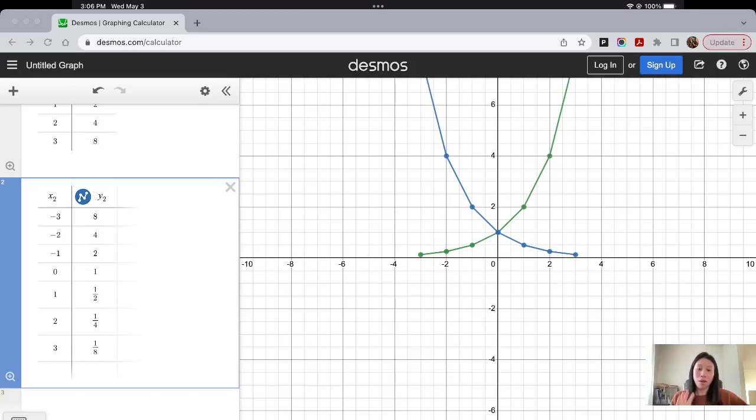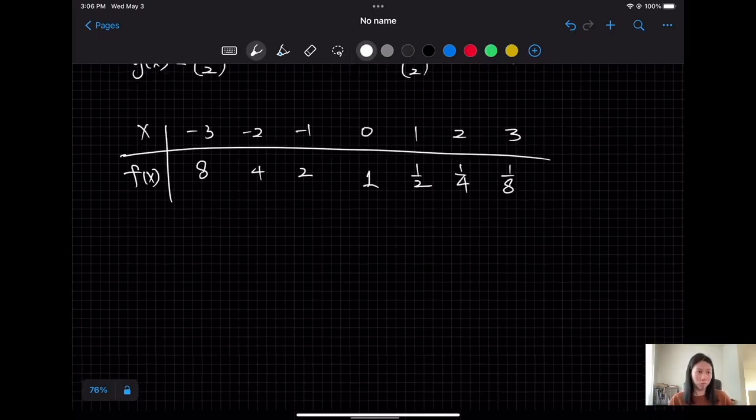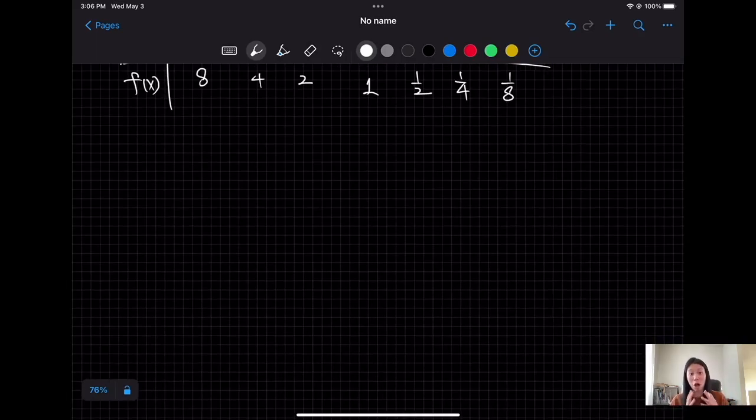Now if you compare these two functions, we can make it more general. For the graphical features of an exponential function, we have f(x) equals a times b to the x.